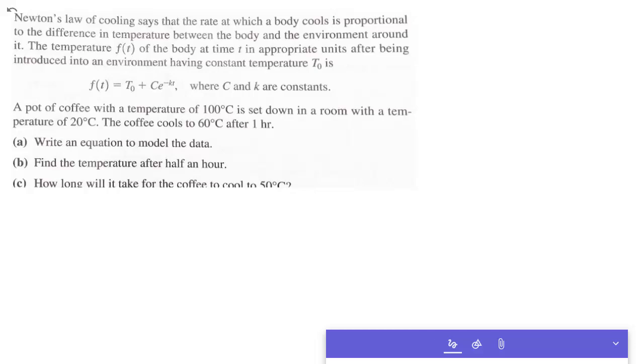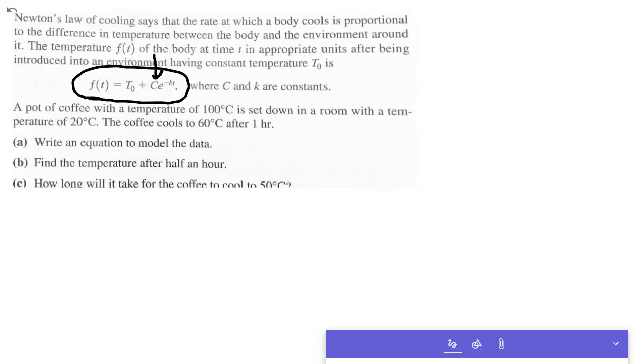And you can see the same Pert here. The only difference is you've got that T sub naught there, which is the initial temperature of the environment, or the temperature of the environment. C would be your initial temperature of your object, whatever your coffee, whatever you're putting out.